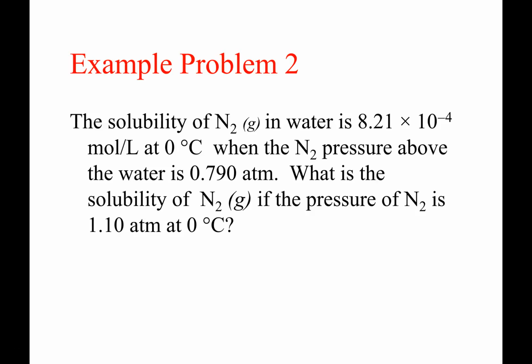And then we're going to jack up the pressure to 1.1 atmospheres. So will the solubility increase or decrease? Increase, exactly. So what we're going to do is use the first bit of information to knock out a KH, Henry's law constant for nitrogen at that temperature, and then we're going to apply it to the second one. That's all it is.